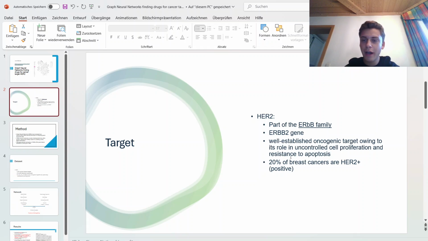So basically, it drives uncontrolled cell growth, and it's causing a signaling that results in the cancer cells not dying, so they live longer, and so they can grow faster and quicker. 20% of breast cancers are HER2 positive, so for this mutation.